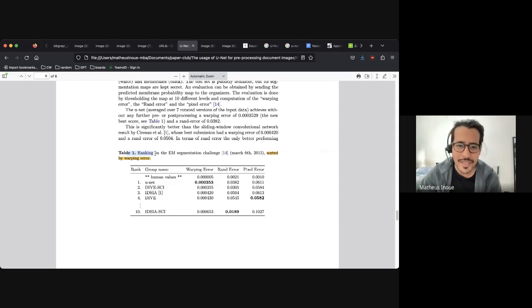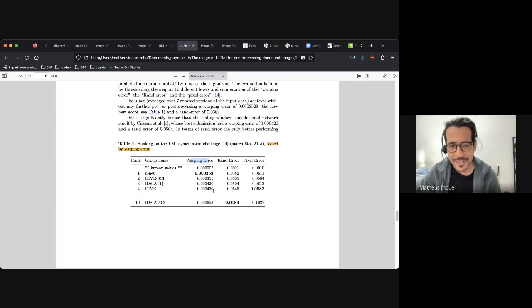And then I think here the authors went a bit cheeky, because they show the table and you see the ranking: oh, UNet is the first one, so UNet is the best. But actually it's the ranking of the EM segmentation challenge sorted by warping error. If you look, UNet does not get the best in these other metrics, like the Rand error; the pixel error is better in the warping error.